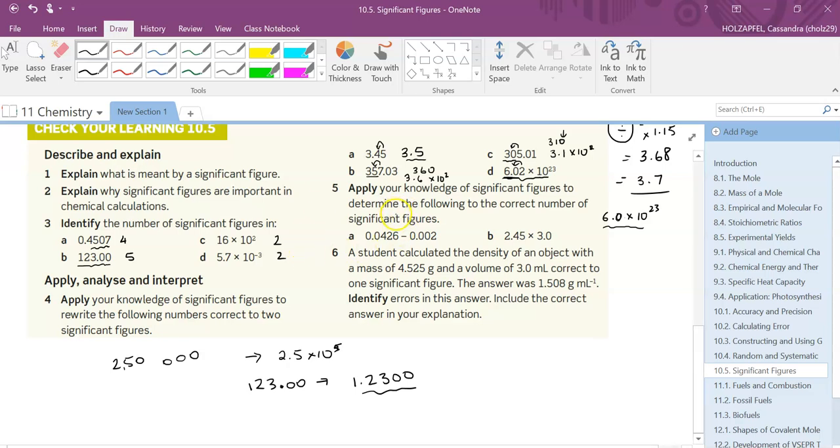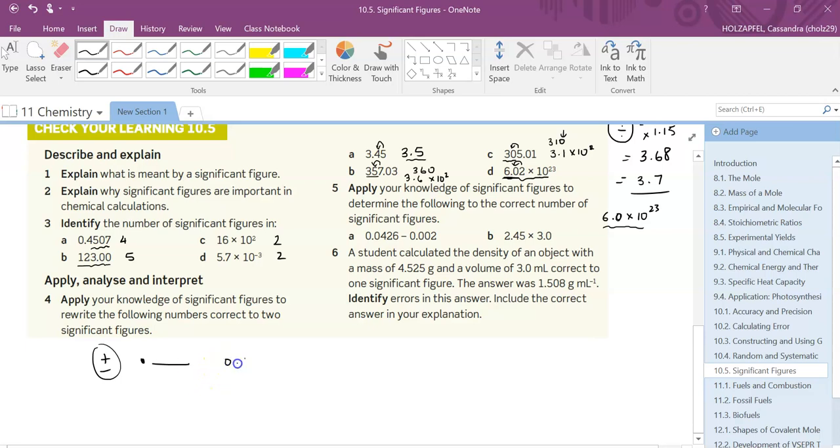Okay, so apply your knowledge of significant figures to determine the following to the correct number of significant figures. So I'm just going to clear off some space here and then let's go through and do this question. So remember when we are adding or subtracting, we're going to look at the digits after the decimal place.